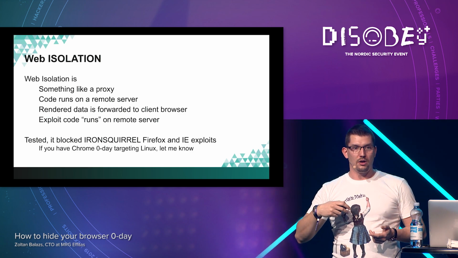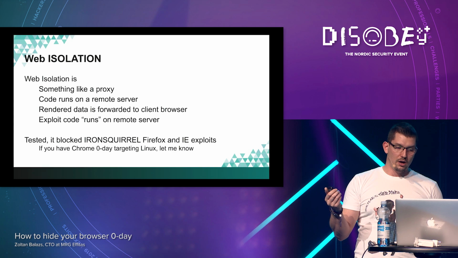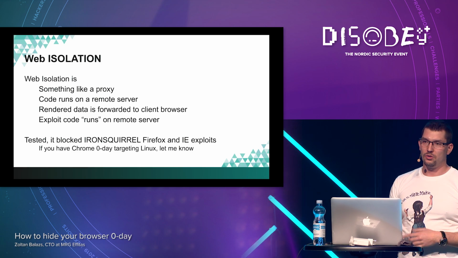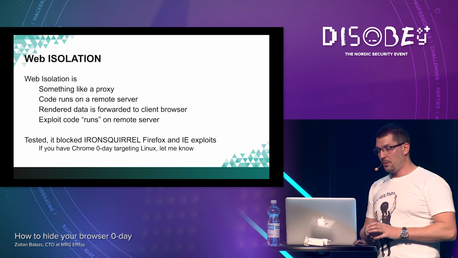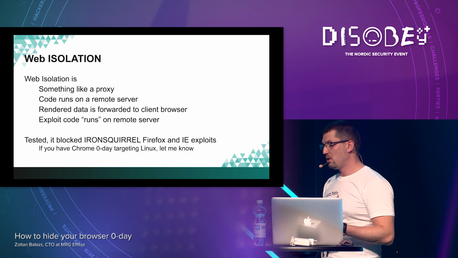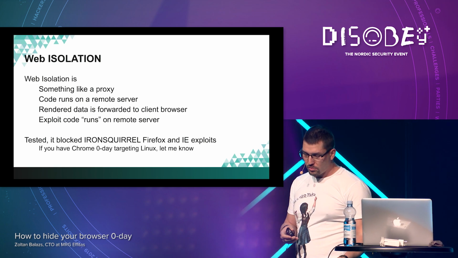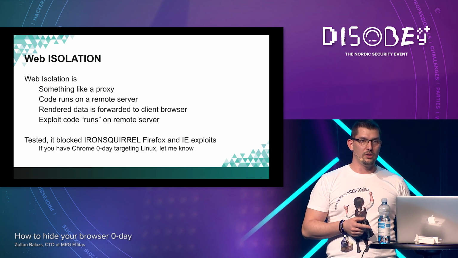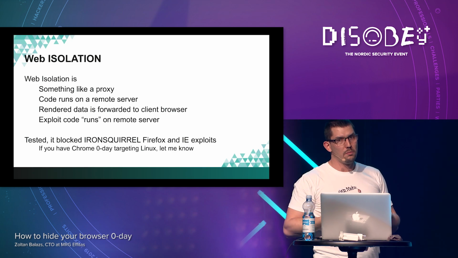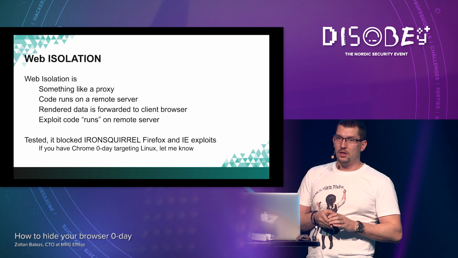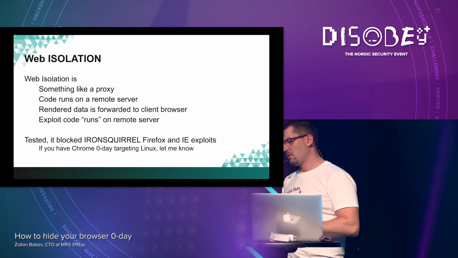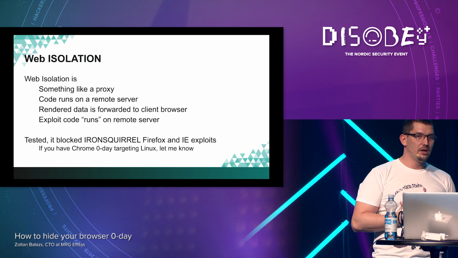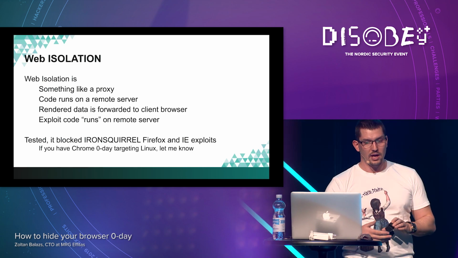And after it's rendered, it just basically screens what is sent back to the client. This means that whenever someone tries to exploit the browsers in the enterprise environment, their exploit code will run on this web isolation proxy server. And usually these web isolation servers are not IE11 or whatever, so it might be a lot harder to find working exploits against that.